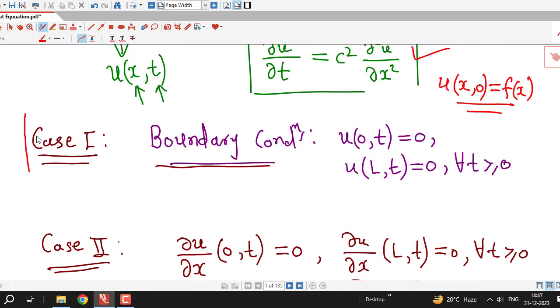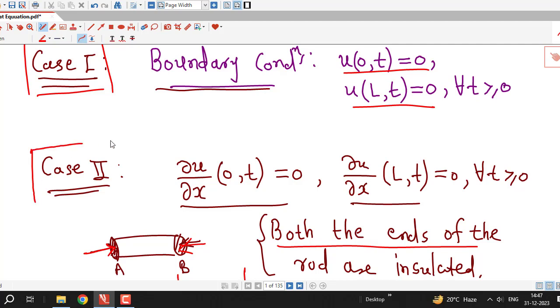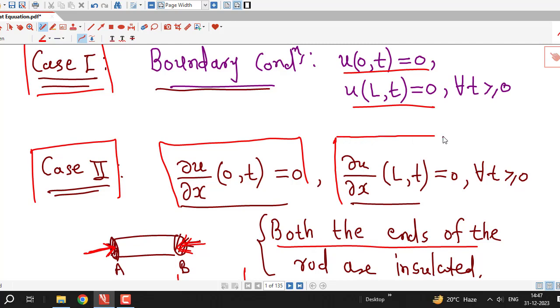First we will solve the heat equation in the case that the temperature at both the ends is 0, and in another case we will consider that both the ends are insulated, that means no heat can flow through the ends, and the temperature gradient at both the ends will be equal to 0.